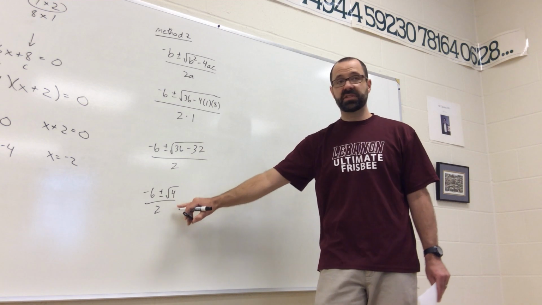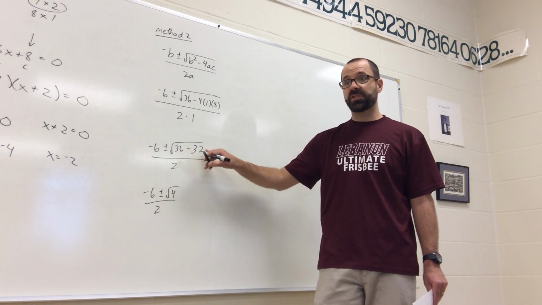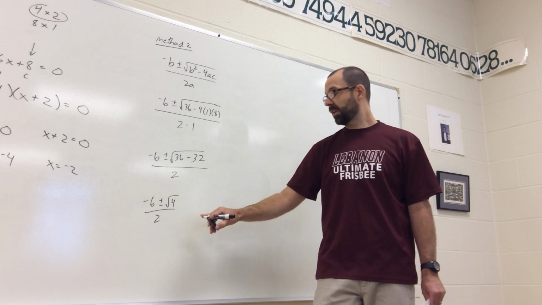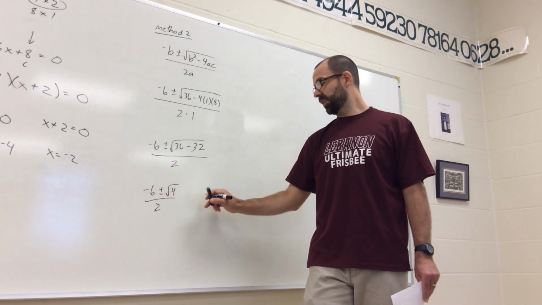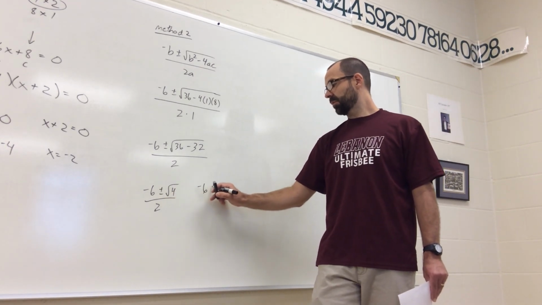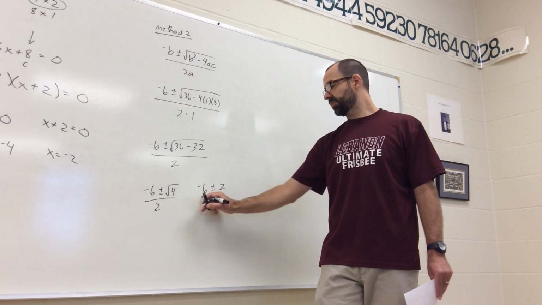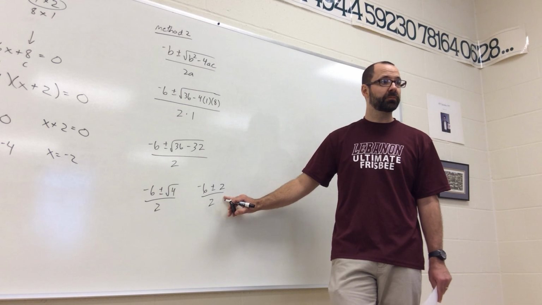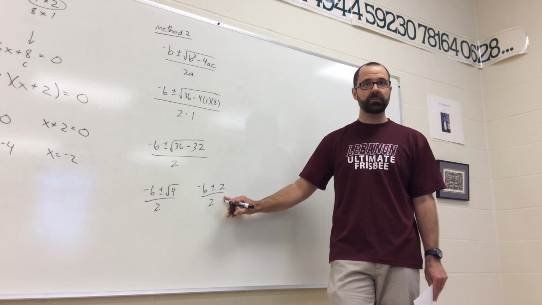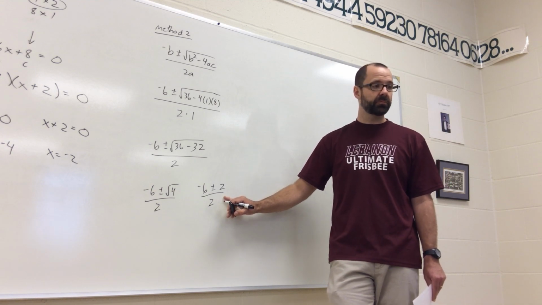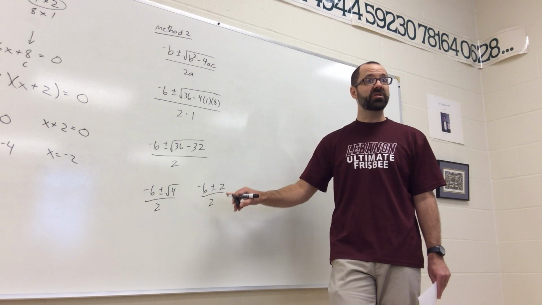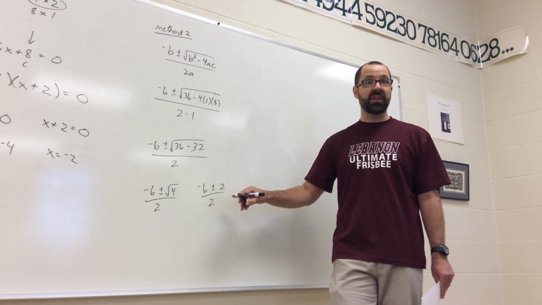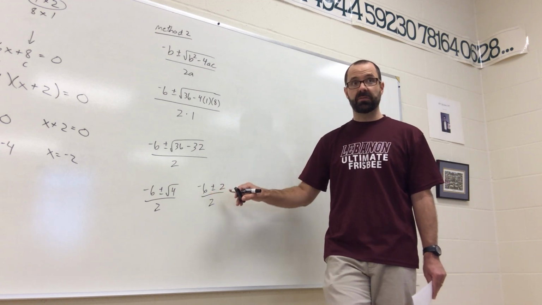So from this step to this step, that was easy. I just took 36 minus 32 and got 4. And then the square root of 4 is 2. So I've got negative 6 plus or minus 2 over 2. And then this plus and minus means two things. It's negative 6 plus 2, and then later negative 6 minus 2.